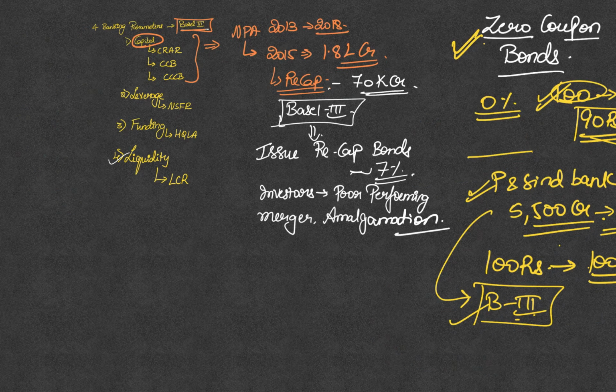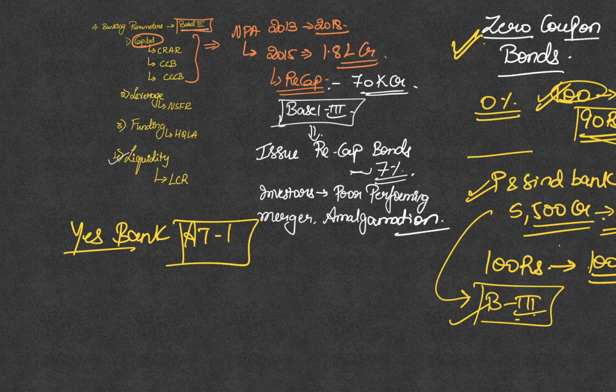Another important development is the Yes Bank issue, where we were talking about the additional tier 1 bonds. Now, what is this additional tier 1 capital? Let us understand. When we were talking about the capital requirements, you can further divide this capital requirements into two tiers, tier 1 and tier 2.